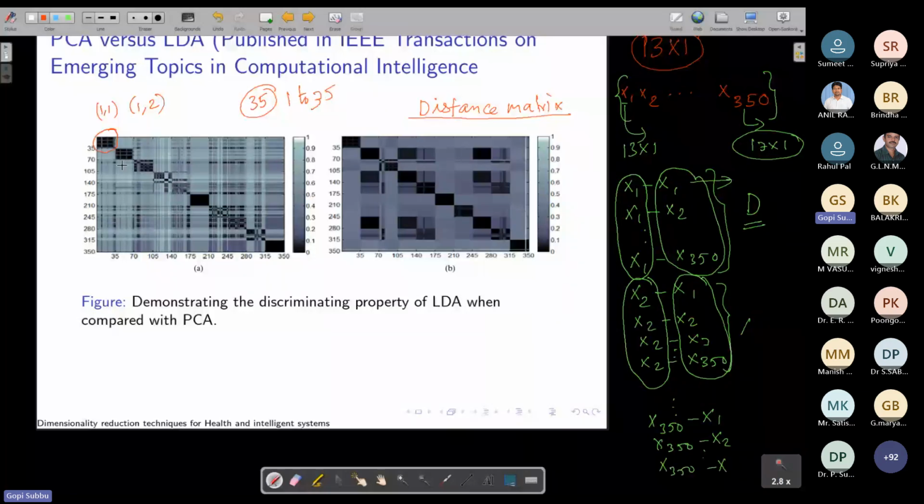And when I see this bright region here, like 0.9, 0.1, they are not very close. So the 1 to 35 vectors are close, and then this is 36 to 70.